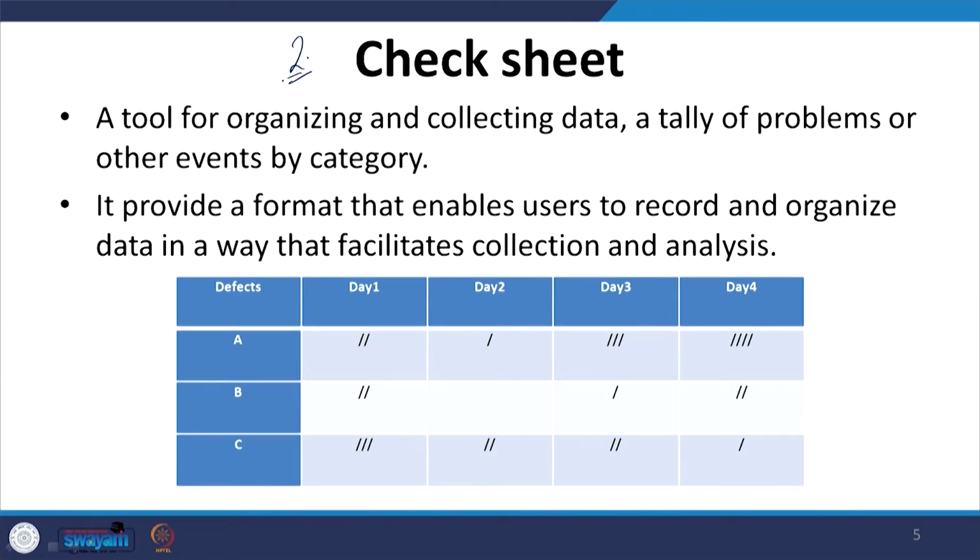So, that is one type of quality control tool. The second type of quality control tool is the check sheet. This is a format of a check sheet, which is a tool for organizing and collecting data.